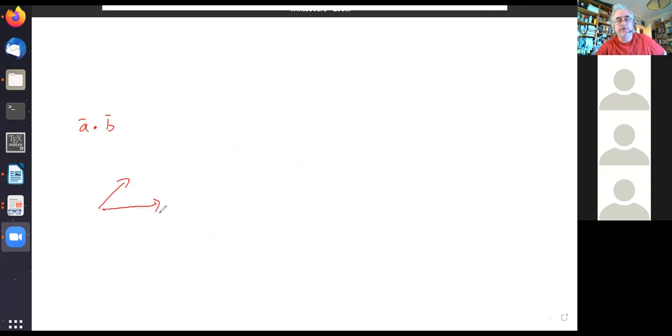If this is A and this is B, then you can take the projection of vector B on the vector A. Now B is shorter than A, but we can also project A on B, and it should be the same result. This is equivalent to the length of the different vectors times the angle in between here.